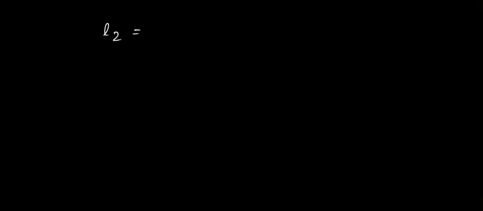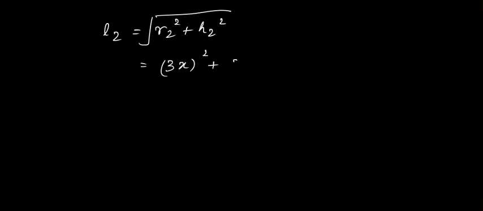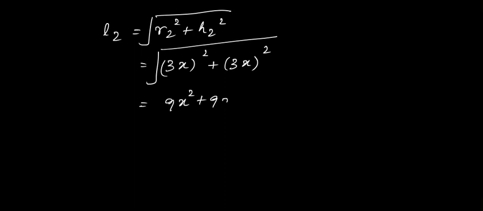So L2 is equal to square root of R2 square plus H2 square. Here we'll get 3x the whole square plus 3x the whole square. So again we'll get 9x square plus 9x square, 18x square.